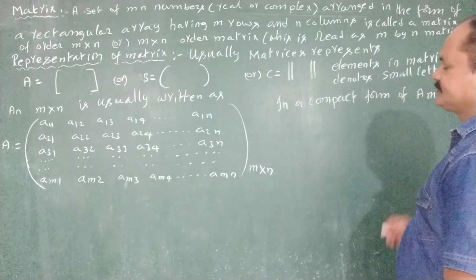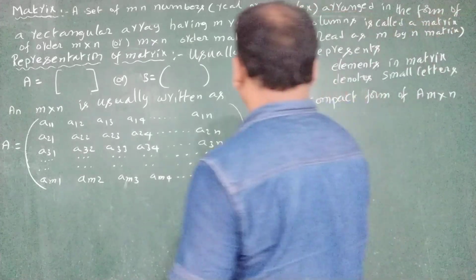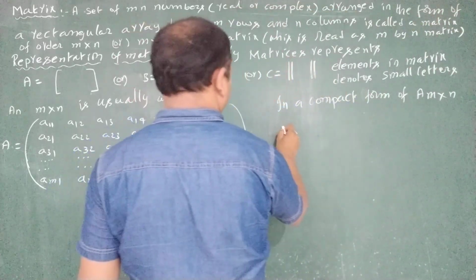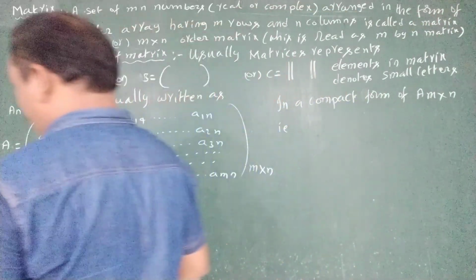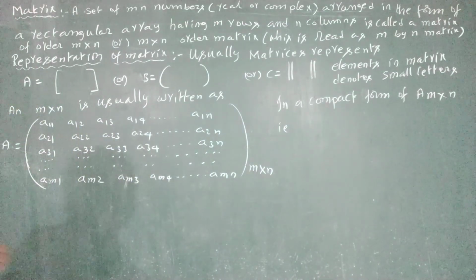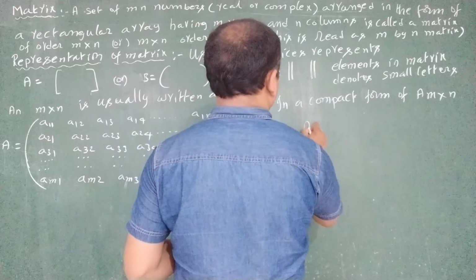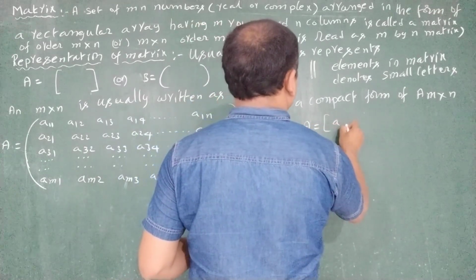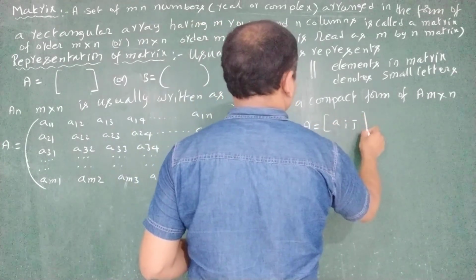The compact form of an m by n matrix is A equals [aij].